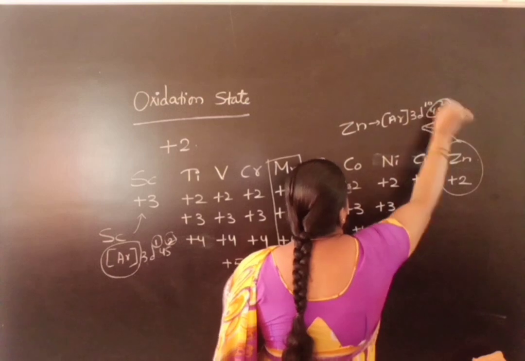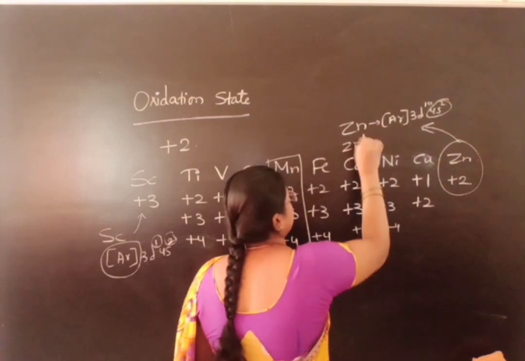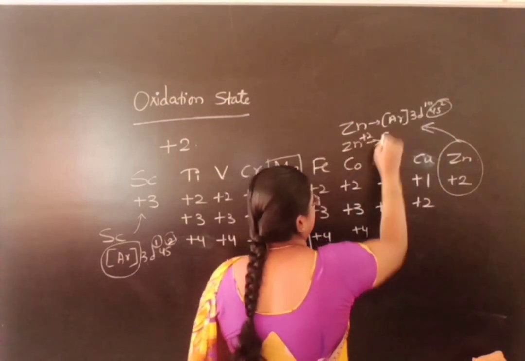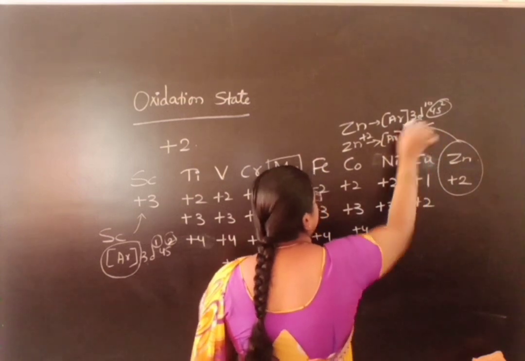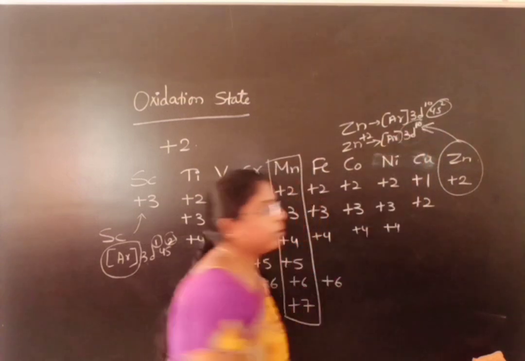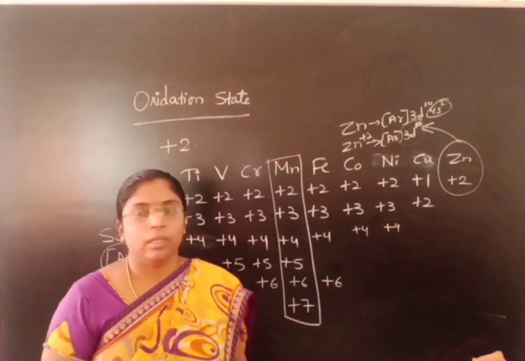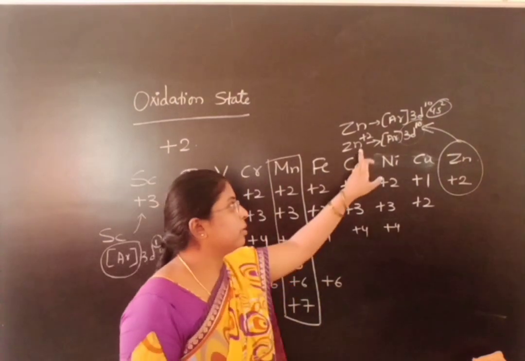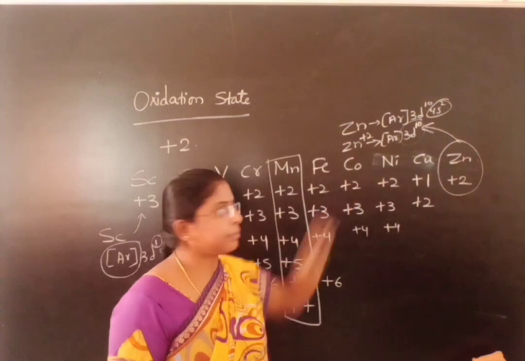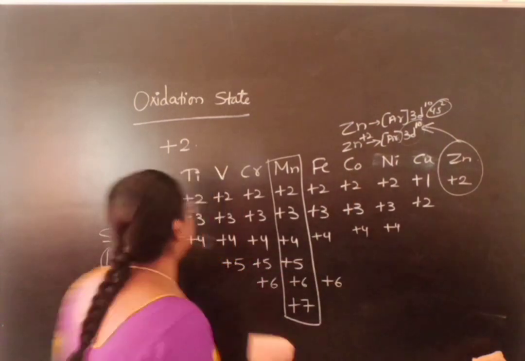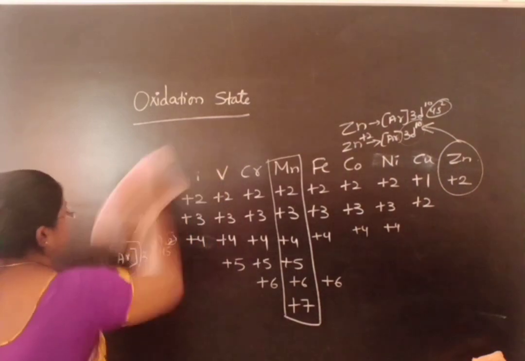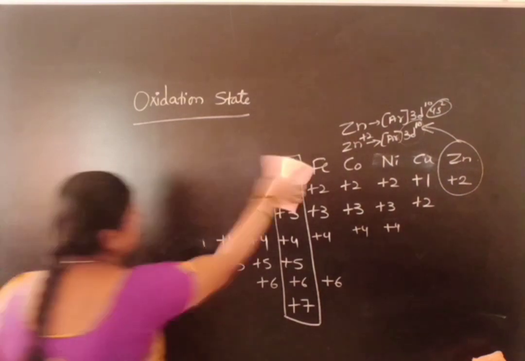After losing 2 electrons, Zn will attain the stable configuration, argon 3d10. Since it is stable with a completely filled d orbital, zinc readily loses electrons to attain the stability. Some of these elements also exhibit high oxidation states.